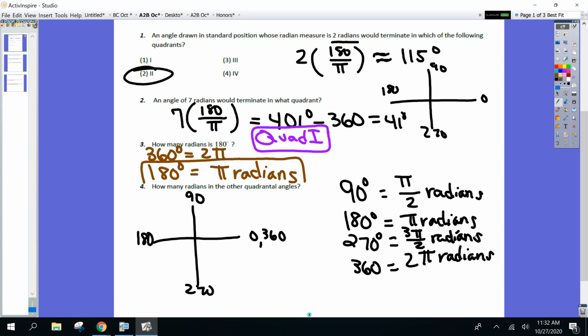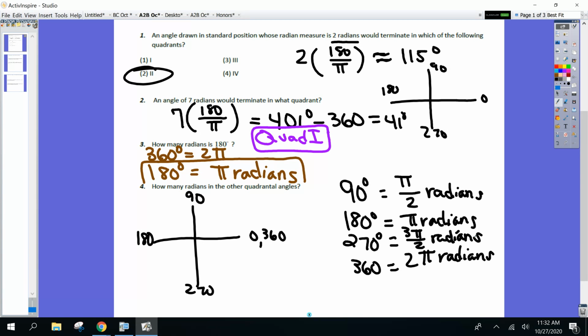That's going to be huge tomorrow. Questions there? Pi over 2, pi, 3 pi over 2, and 2 pi as I go around. Anything?